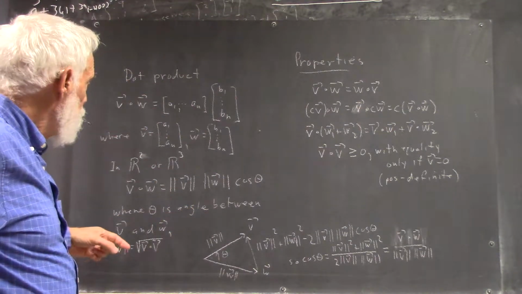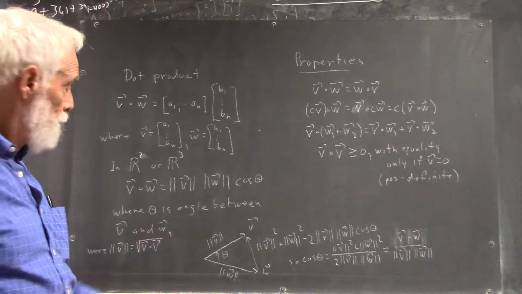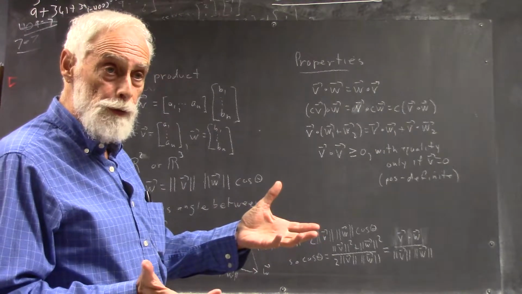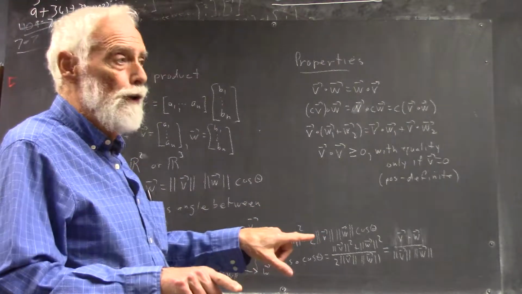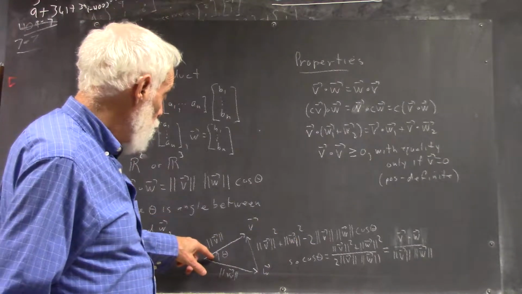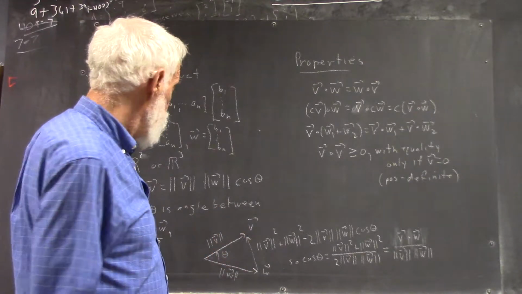And you can prove this in R2 and R3, where you have vectors, and any two vectors form a plane within R3. Any two vectors in R2 are automatically in a plane, so you get a triangle, okay, with an angle theta here, and the law of cosines applies to this triangle.